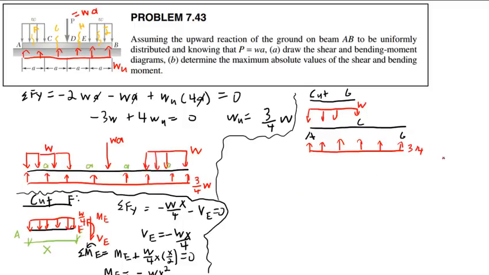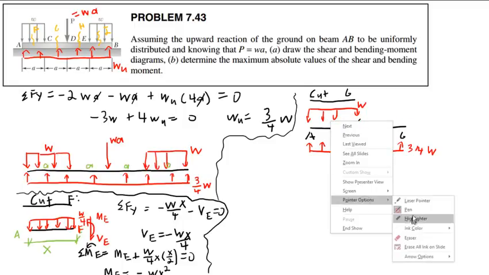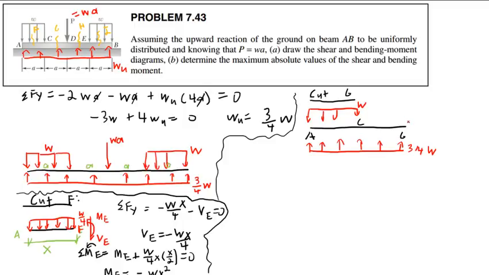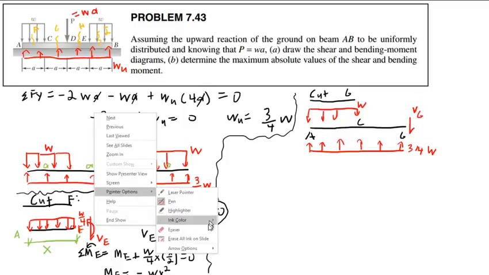So 3/4 W down here, W here, and then I'll have the forces. Let's see, dimensions. Again, I'll assume upward or positive shear just because. VG. Oh my goodness, I totally messed this up over here, didn't I?